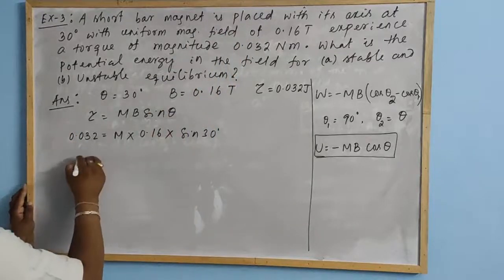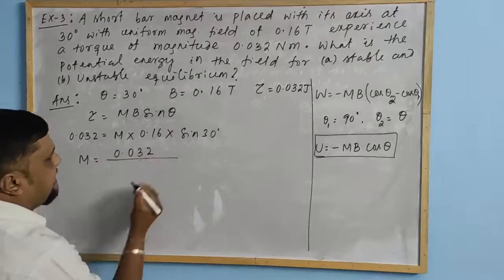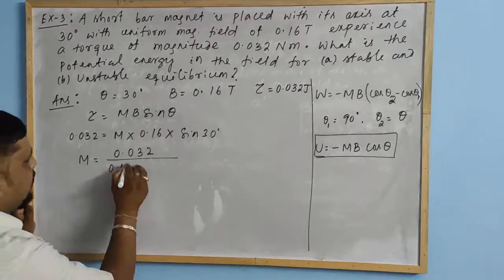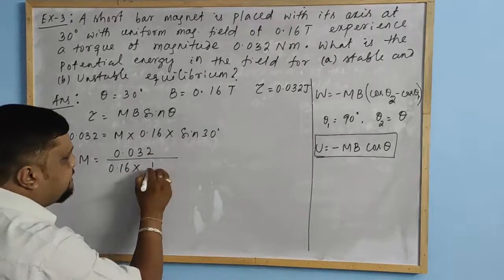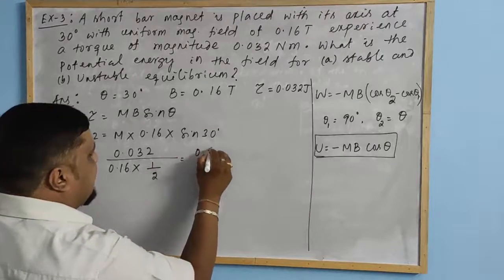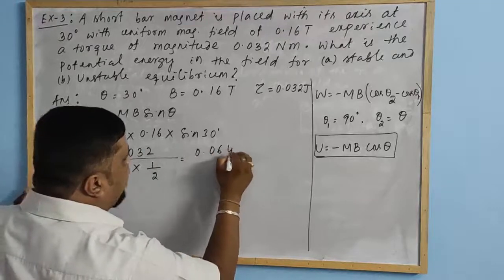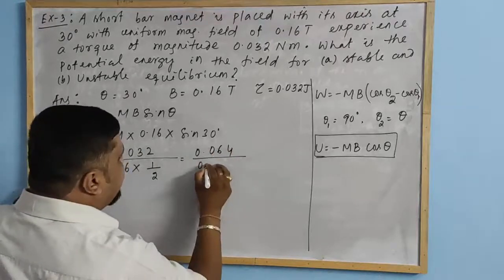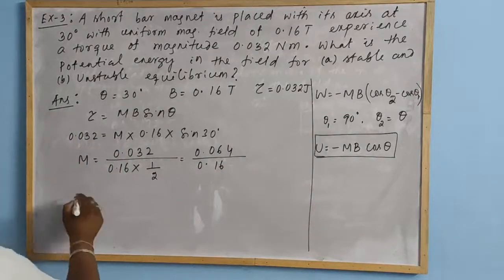So m is equal to 0.032 divided by 0.16 into sin 30. Sin 30 is half, so this is 0.064 divided by 0.16.